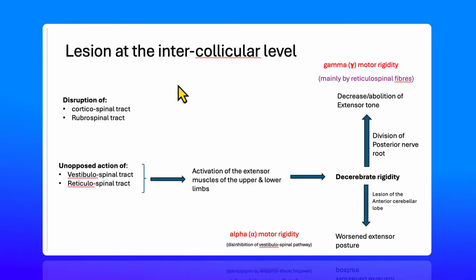When the transection is performed at the intercollicular level, the corticospinal tract and also the rubrospinal tract are disrupted. Corticospinal tract obviously comes from the cortex. Rubrospinal tract starts from the red nucleus and goes to the spine.